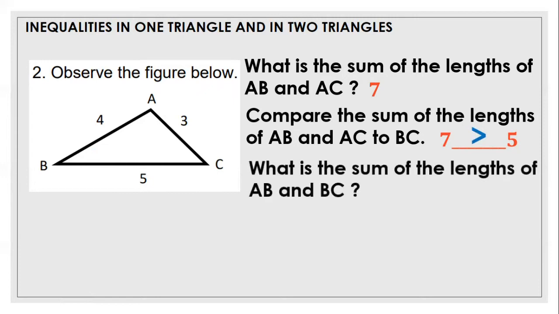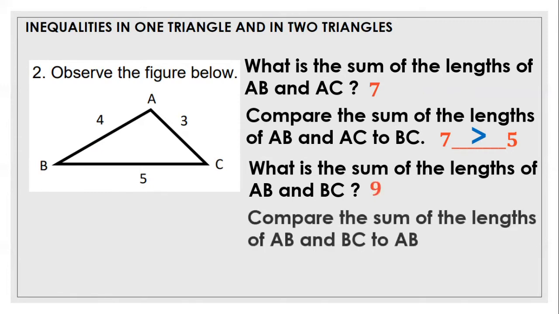Okay, next question. What is the sum of the lengths of AB and BC? Ano daw ang sagot? Kapag pinag-add si AB at BC, we have 4 plus 5, we have 9. Okay? Compare the sum of the lengths of AB and BC to AB.